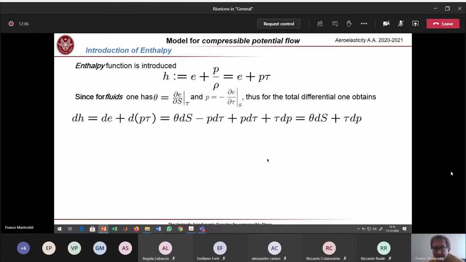So we included the enthalpy, and the inclusion of the enthalpy is a key point for compressible flow, because the enthalpy plays the role of pressure, indeed.